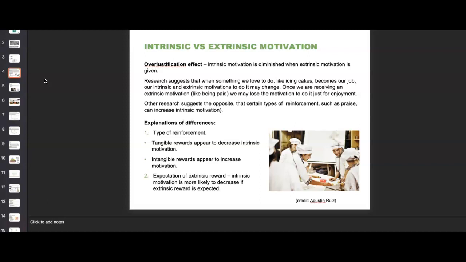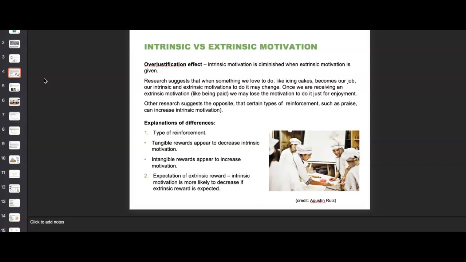Once we are receiving an extrinsic motivator, like being paid, we may lose the motivation to do it just for pleasure or enjoyment. We no longer wish to be the master at it because all that matters is that we're getting paid. Other research, however, suggests the opposite, that certain types of reinforcement, such as praise, can increase our intrinsic motivation.